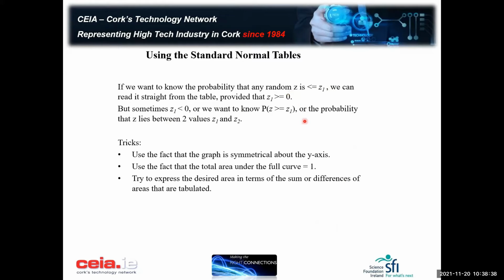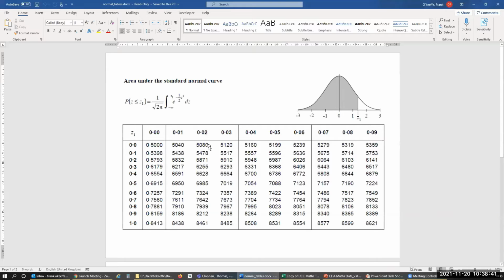One problem, if you look at the table here, is that it starts at a z of 0 and goes up to z of 3. That's useful, but sometimes you need to work with negative z values. So you've really only got half the table here, and you need to work around that.